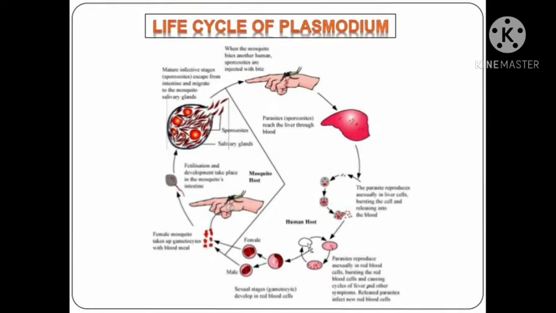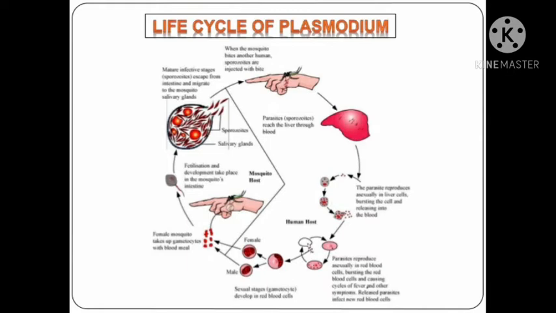Once again, these parasites depend on the blood cells for their reproduction and they continue to multiply in number. Once their number increases, they once again destroy the red blood cells and are released into the blood.